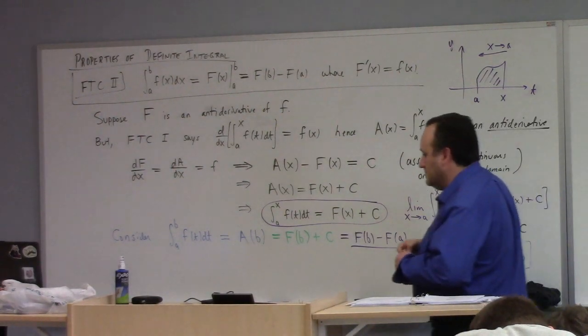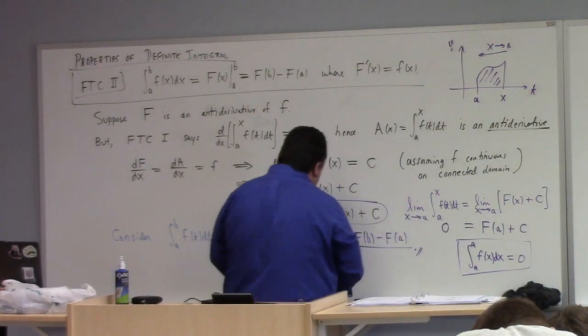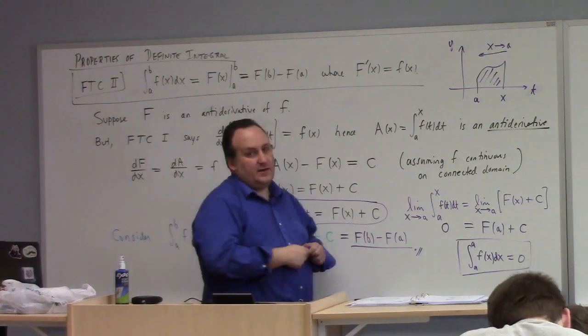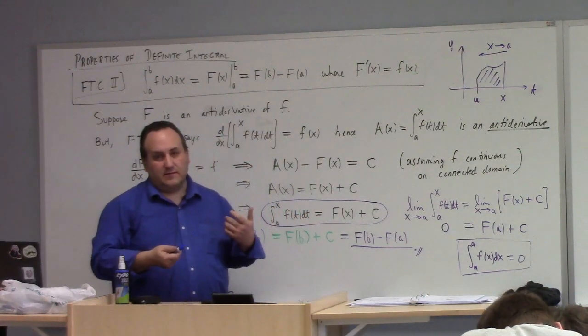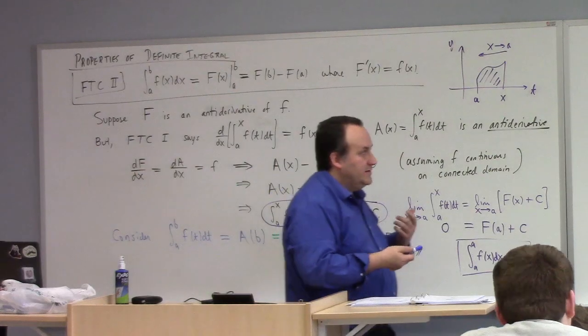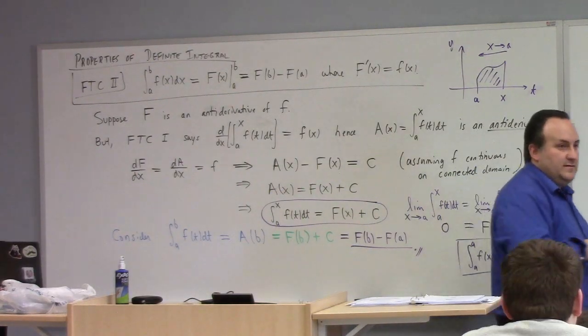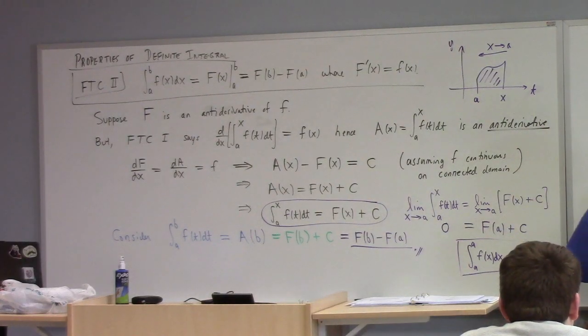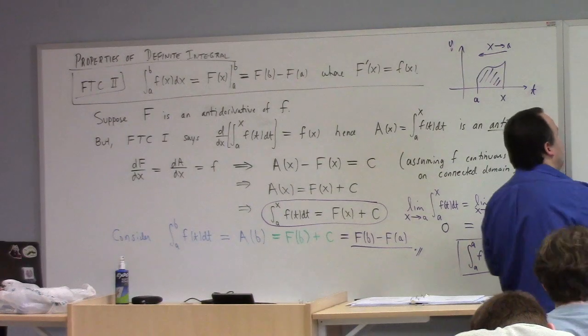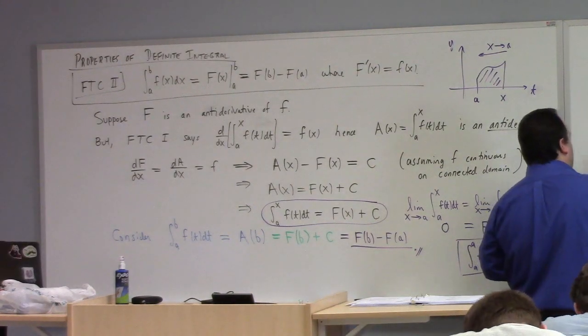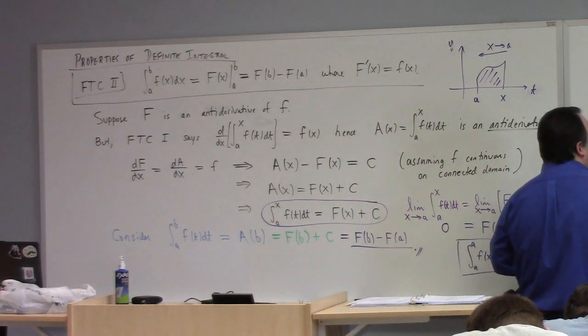See? Cosine of pi is negative 1, so that's 1 plus 1, which is 2. Okay. Cosine of 2 pi.